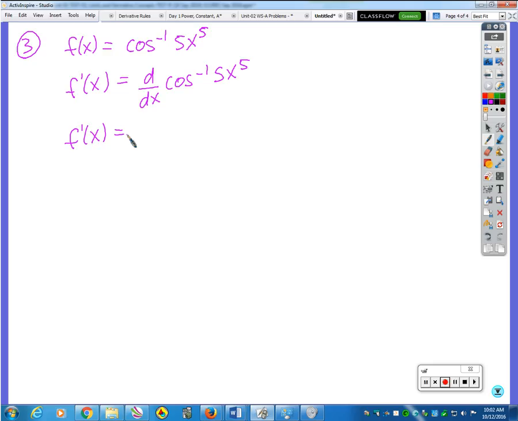Please, Brady. You use the inverse cosine rule. Perfect. Tell me exactly what to write. So you do negative 1 over the square root of 1 minus parentheses 5x to the 5th, close parentheses, squared.